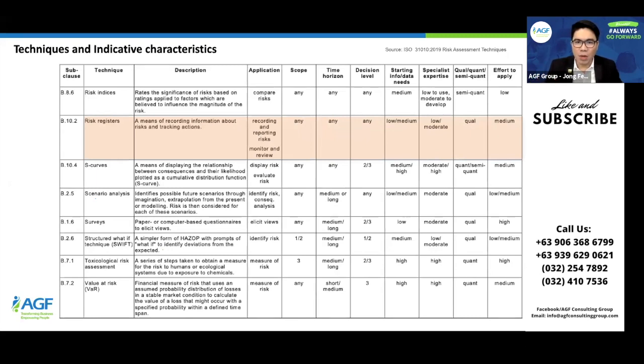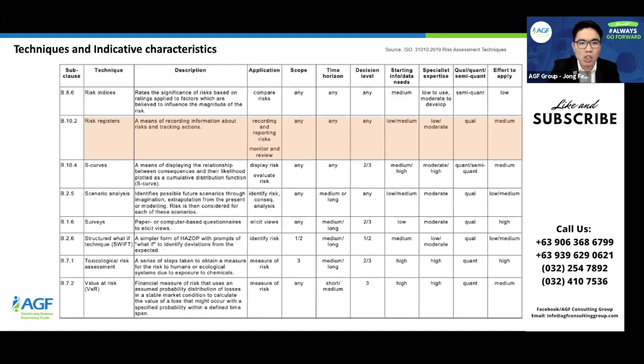This is basically a recording. You record all the risk in this spreadsheet. So it is a means of recording information about risk and tracking action. It's also used to track the control measures or the risk treatment plans, whether it's contingency, whether it's avoidance of risk, whether you transfer the risk, and so on and so forth. So we're all familiar with the risk registers.